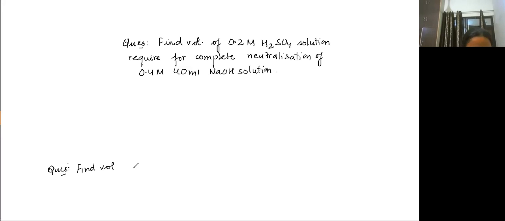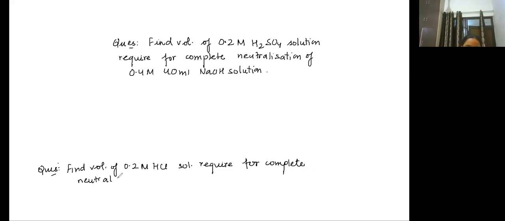Find the volume of 0.2 molar HCl solution required for complete neutralization of 0.4 molar, 40 ml calcium hydroxide solution.